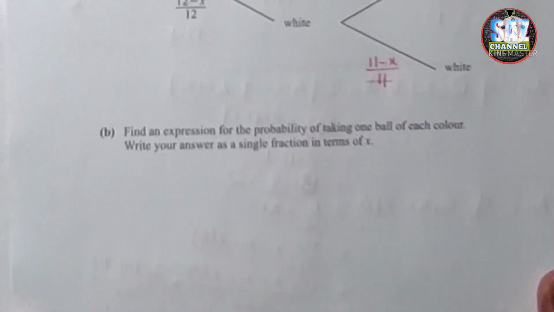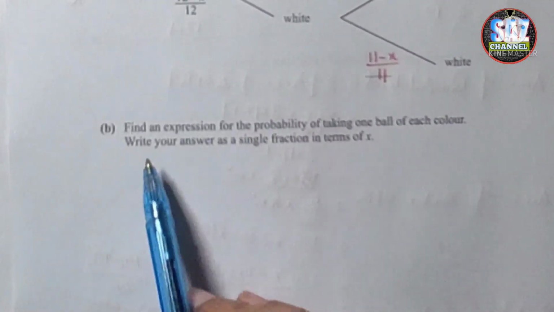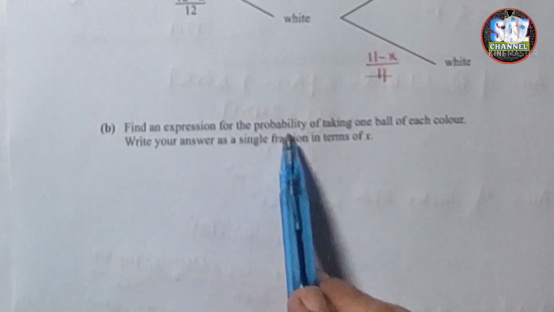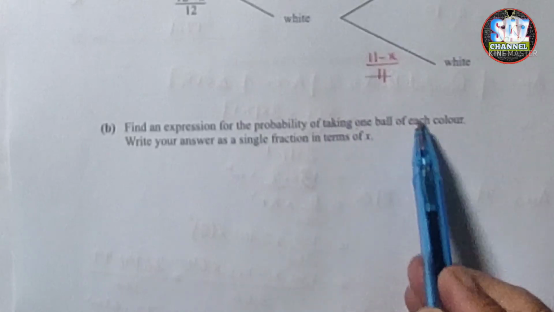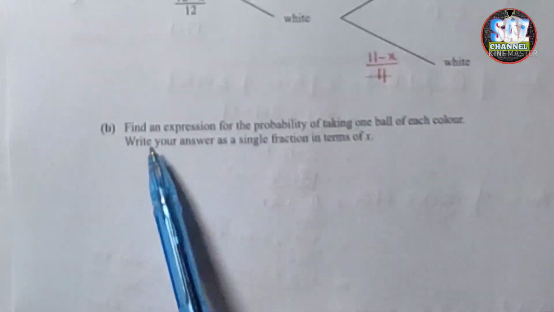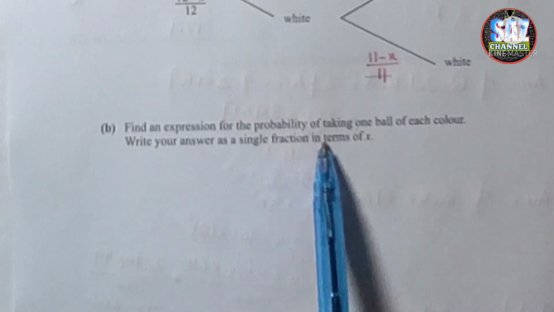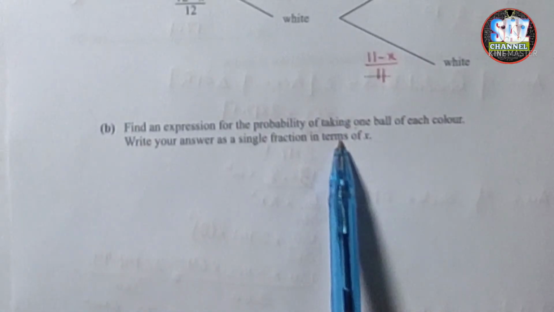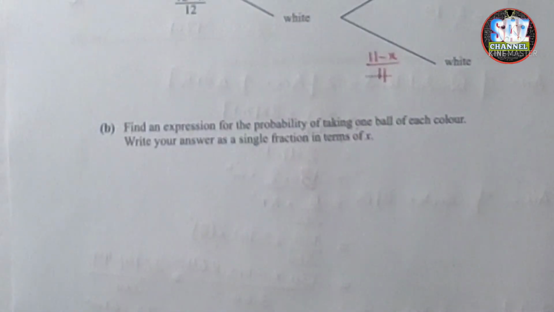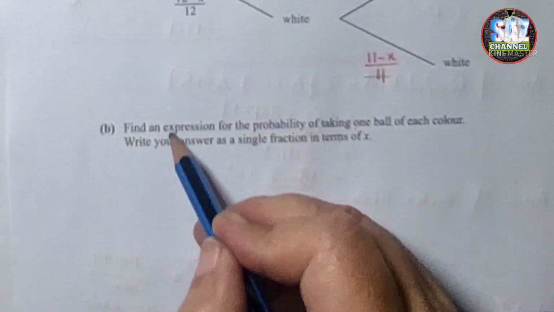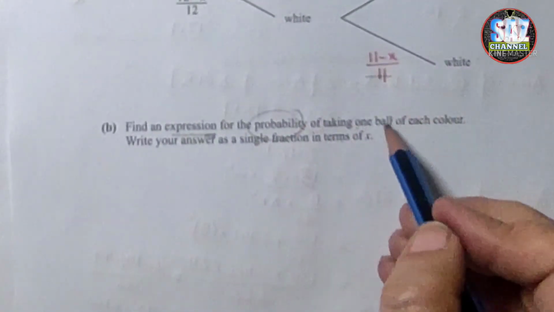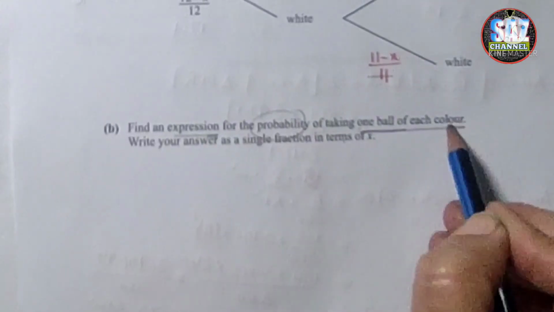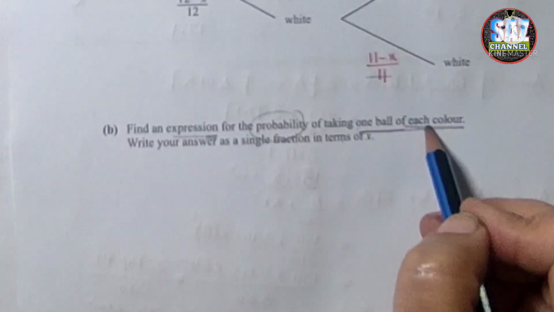The second part says, find an expression for the probability of taking one ball of each color. Write your answer as a single fraction in terms of X. Okay, now try to understand that. One ball of each color.